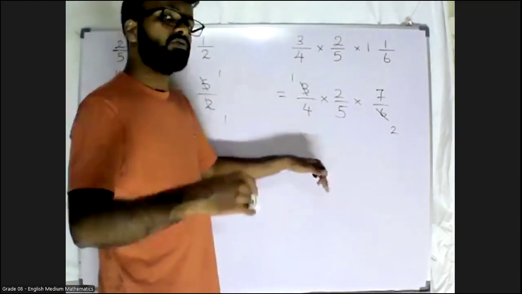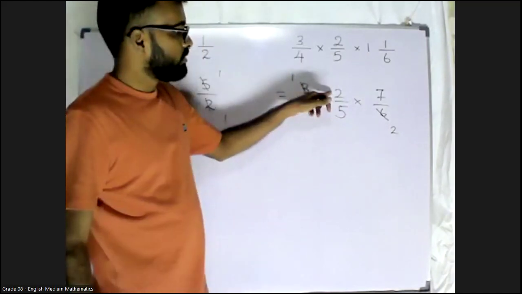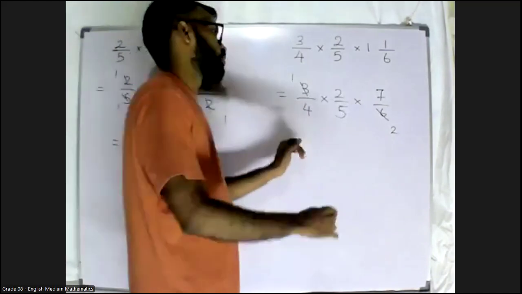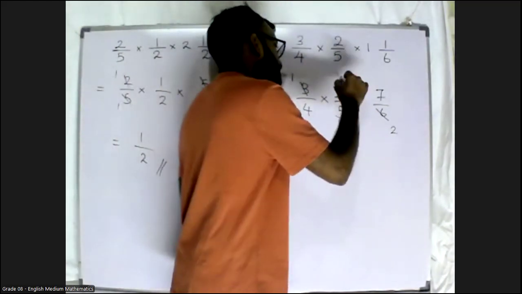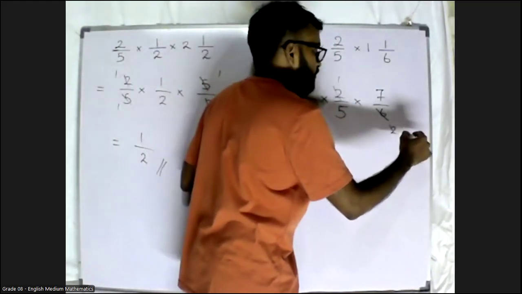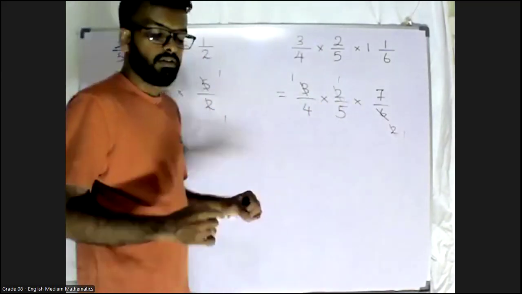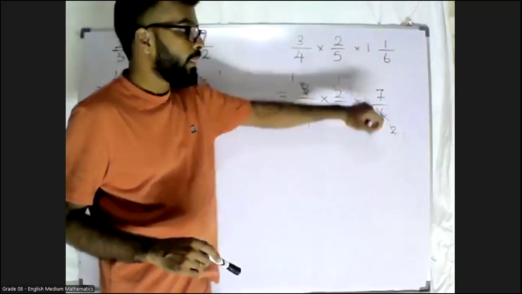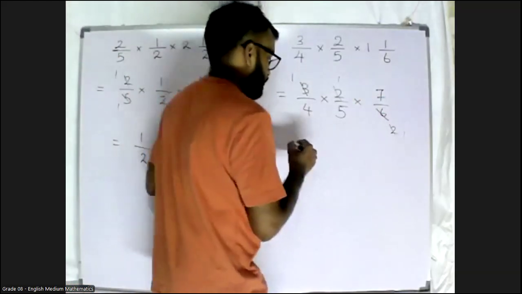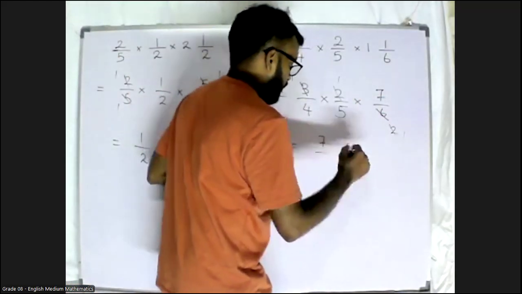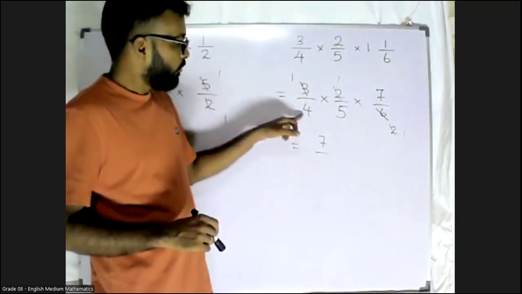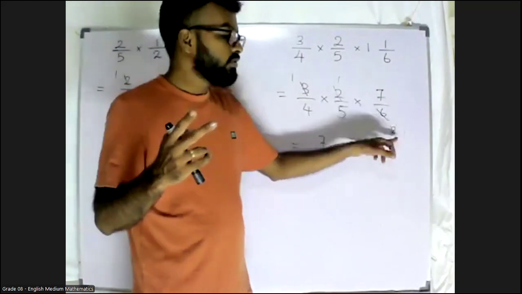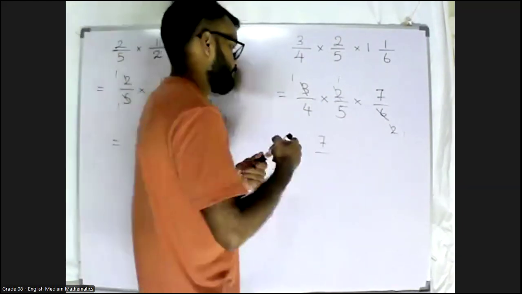Then, can you simplify more? Yes. In the numerator you have 2, in the denominator again you have 2. 2 times 1, 2 times 1. So 1 times 1 times 7, 7. Denominator: 4 times 5, 20. 20 times 1, 20.